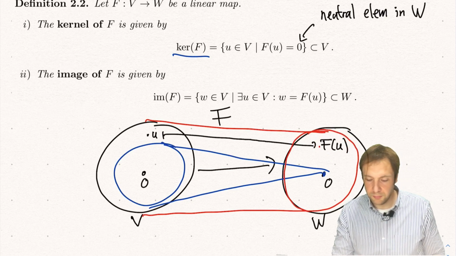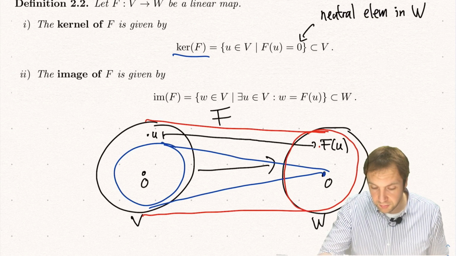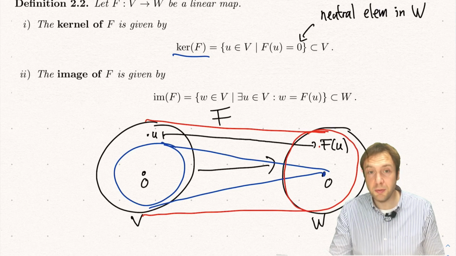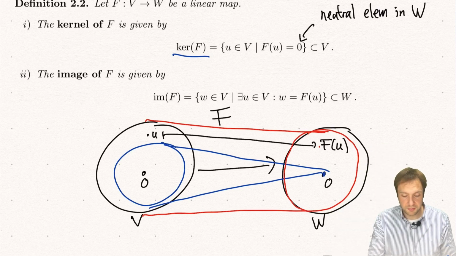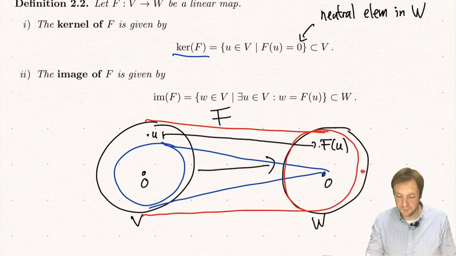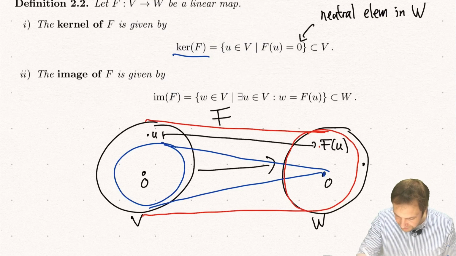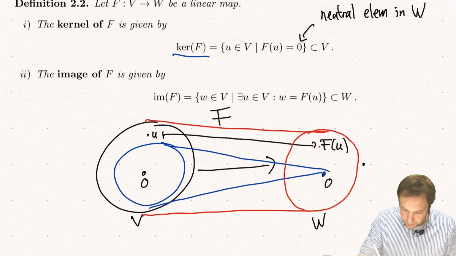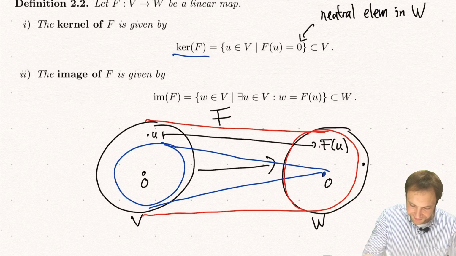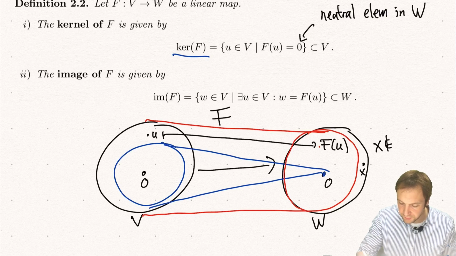But of course not everything is in the image, not always. For example, here could be some element in W such that I cannot find an element in V such that f of it gives this element. Let's call it x. And in this picture x is not in the image of f.